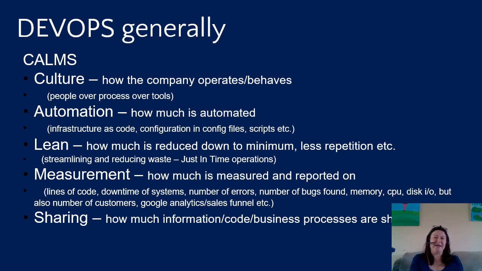So what does that mean? Culture: how the company operates and behaves is going to change considerably if you're really going to move to a DevOps environment. Typically, you're going to go to Scrum, Agile kind of mindsets with sprints. Those sprints are going to be the end result of a roadmap.